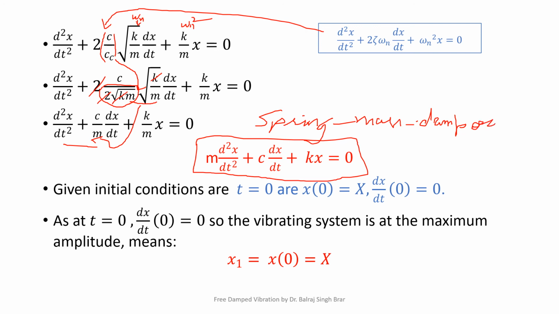So, as we discussed, amplitude as given at time is equal to 0, dx by dt is 0, so it means at time is equal to 0, displacement is maximum and is amplitude of the vibrations and is denoted as x1.